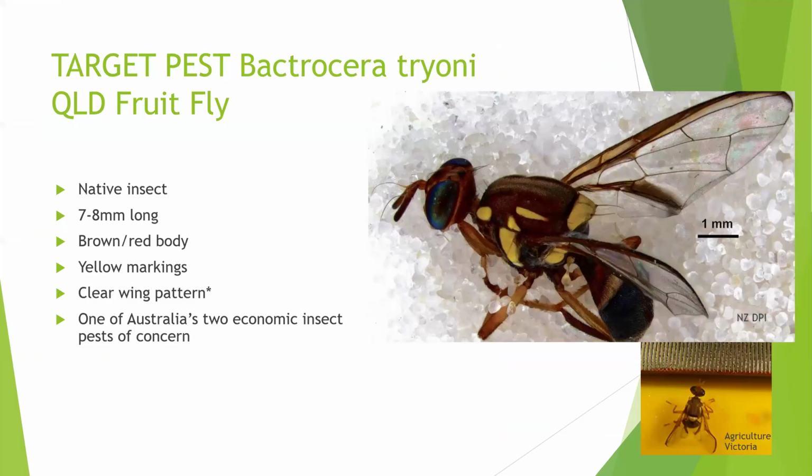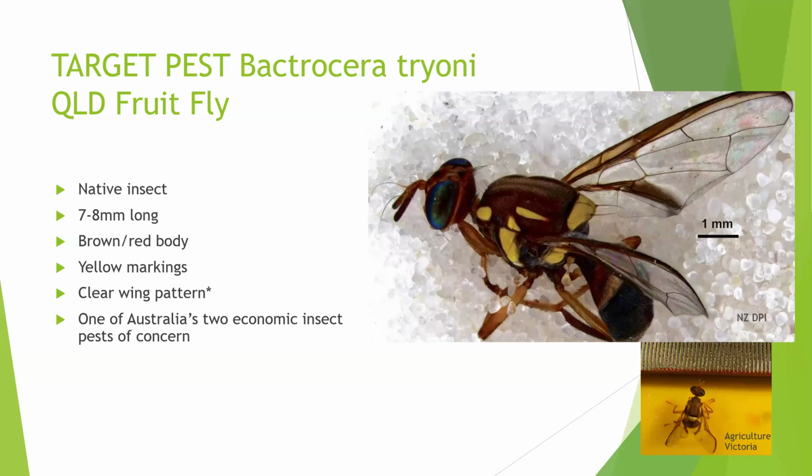We're going to start off with identifying our pests so that we can start building the correct management plan. It has migrated its way south from Queensland. The adult is about 7 or 8 mil long, with a brown-red main body colour with yellow markings.